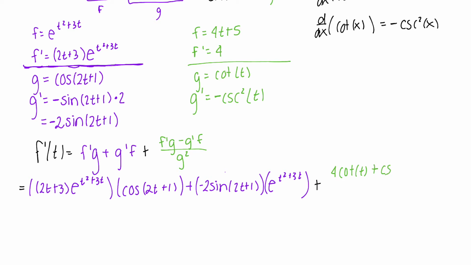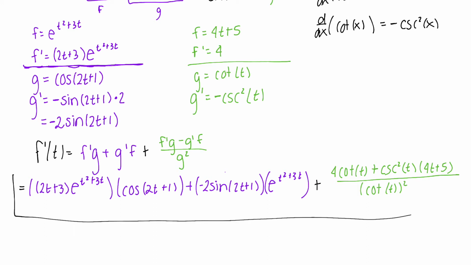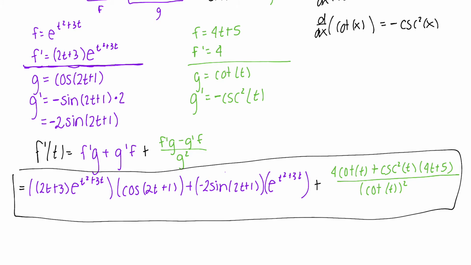So plus cosecant squared t, and then f, which is 4t plus 5, all over g squared, so cotangent of t quantity squared. And that whole mess right there is your derivative. And typing that out was an ordeal. If you look at the answer key, it nearly didn't fit on one line.